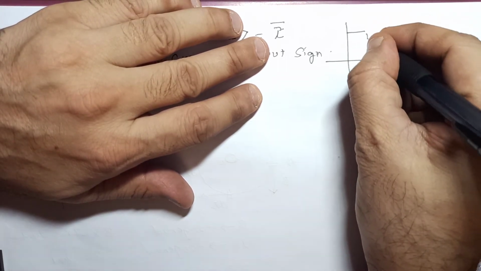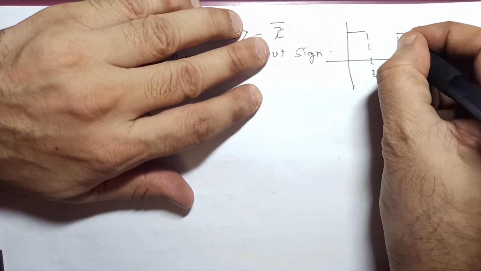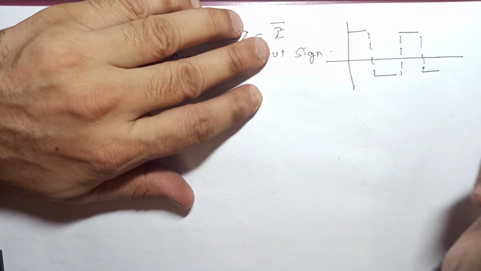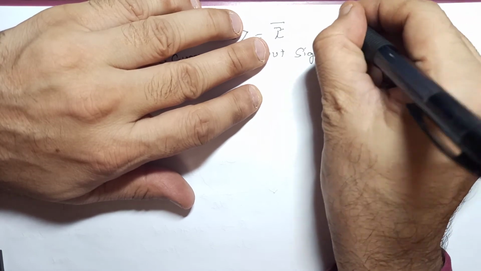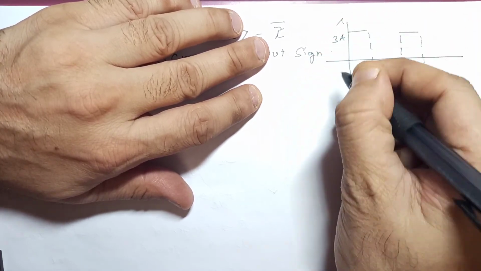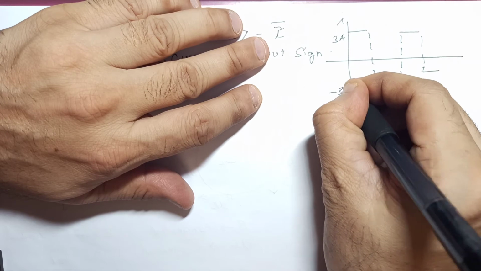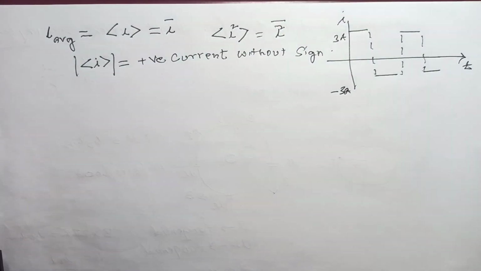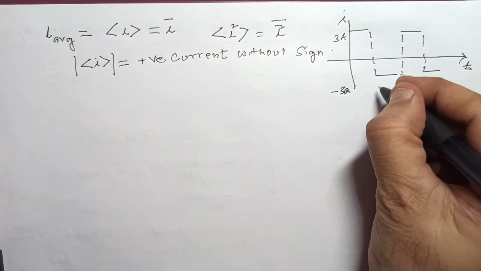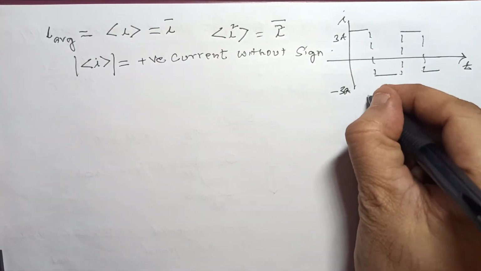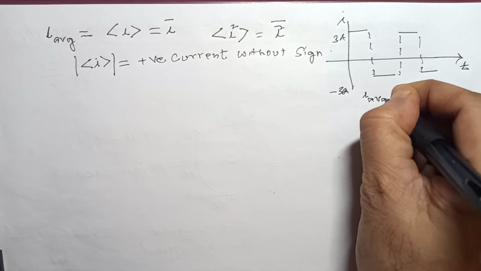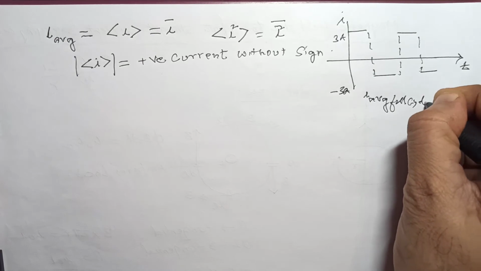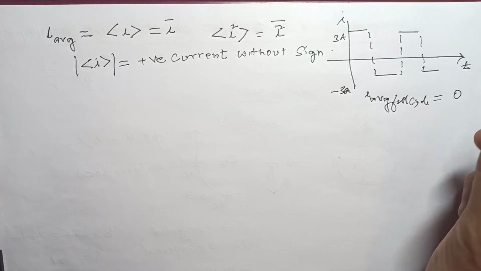Okay, now if I take a small example, let me take this. Let's say this is 3 ampere and this is minus 3 ampere and this is t. Now in this case, if someone asks you what is I average for full cycle, I average would be what? 0.